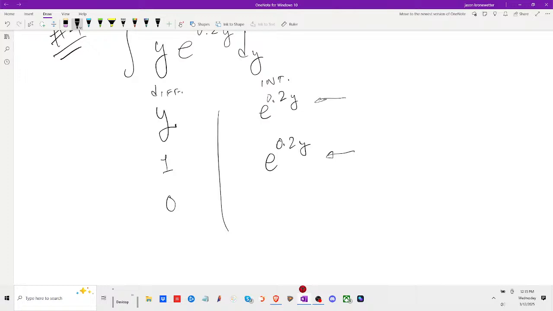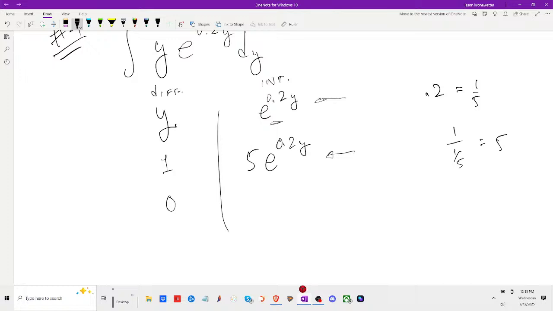So I need to divide by 0.2, which is the same as multiplying by 5. So 0.2 is equal to 1/5, and 1 over 1/5 is 5, and that's why I have a 5 out in front. I'm really doing 1 over 0.2 there, so that when I take the derivative, I get back to this one.